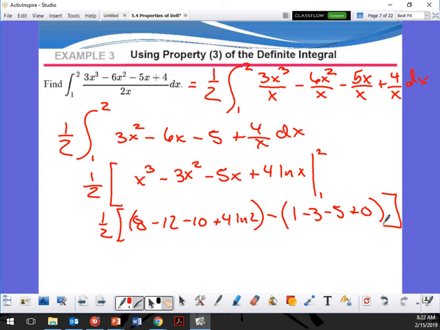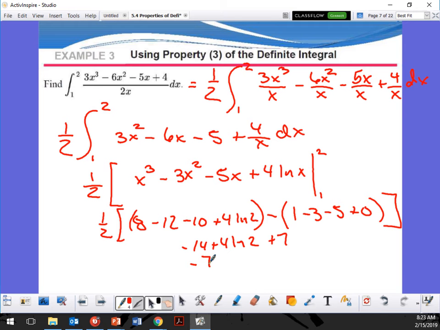All right, so let's go through. On the left-hand side, what do I get? I should have negative 14 plus 4 ln of 2. And this side over here, I'm going to get negative 7 plus 7. So it's going to give me a negative 7, right?